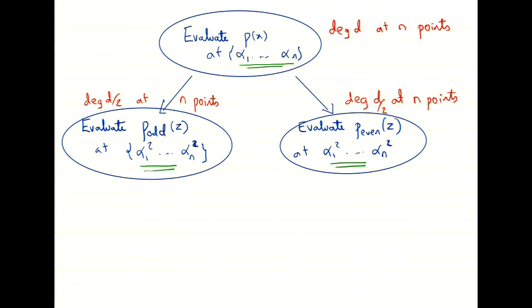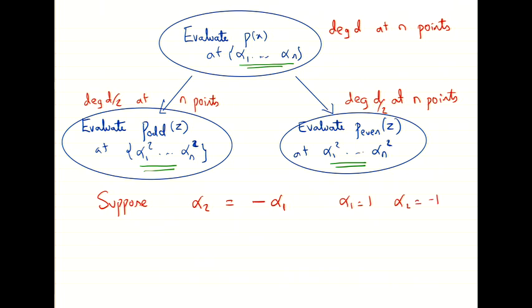For instance, suppose alpha 2 was equal to negative of alpha 1. Okay? Let's say we pick points so that alpha 2 is equal to negative of alpha 1. For instance, alpha 1 could be 1, alpha 2 could be negative 1.